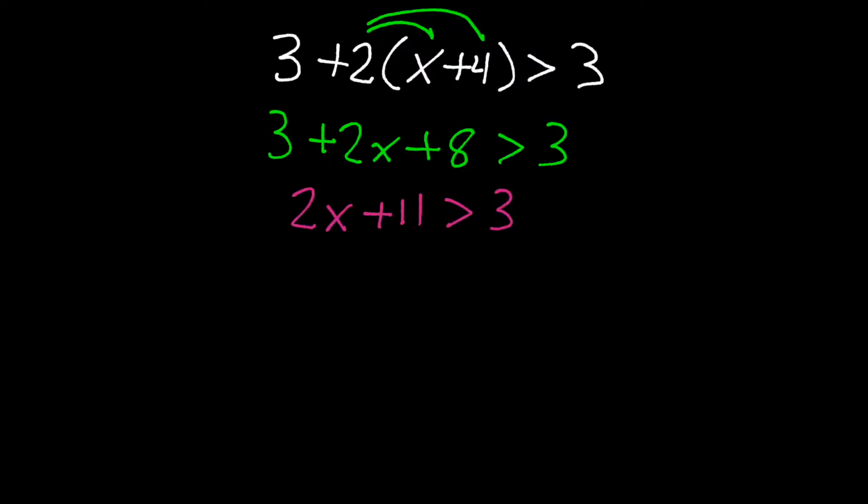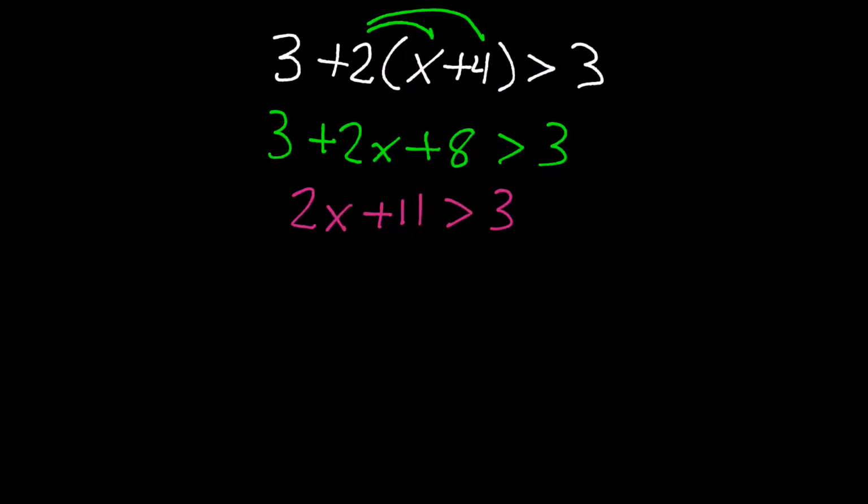Now this should look like the other examples we have done in this video so far. I need to isolate my variable term. Right now the variable x is being multiplied by 2 and then added to 11. So to isolate this term, I need to get rid of the plus 11.